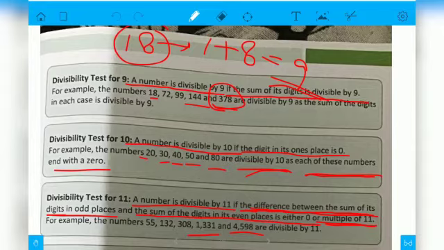If we add the digits of these numbers, like 18, 1 plus 8 equals 9, and 9 is divisible by 9. That is why the number itself will be divisible by 9. So we have to add the digits of the given number, and if the sum of the digits is divisible by 9, or you can say is a multiple of 9, then the number itself will be divisible by 9. So this is the divisibility property for 9.